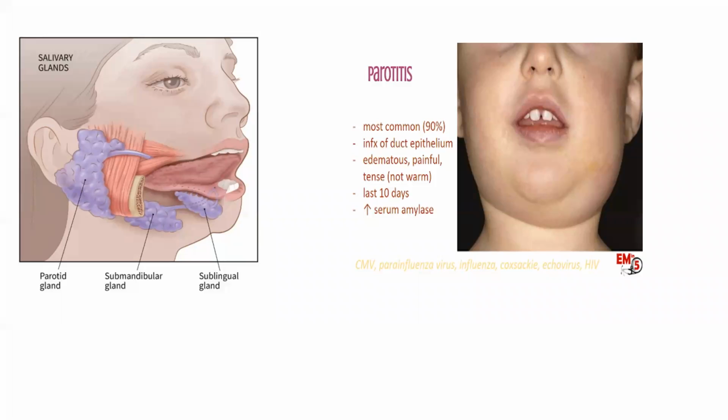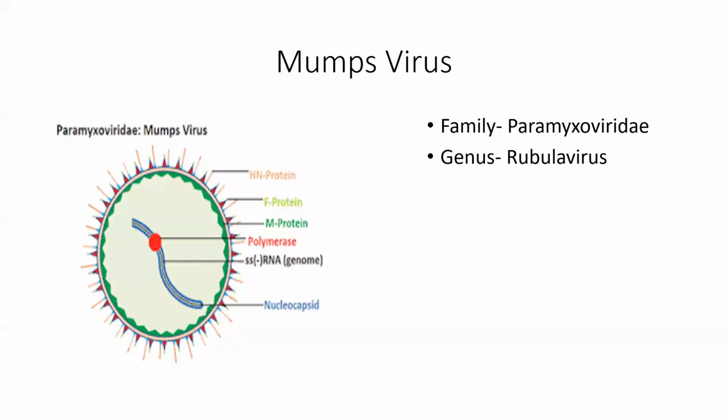Okay, then if we talk about the properties of the mumps virus, in this particular diagram you can observe that the mumps virus has certain proteins, and the important proteins are the HN protein and the F protein. The function of the HN protein and F protein present in this virus is that it helps in agglutination of the RBCs.